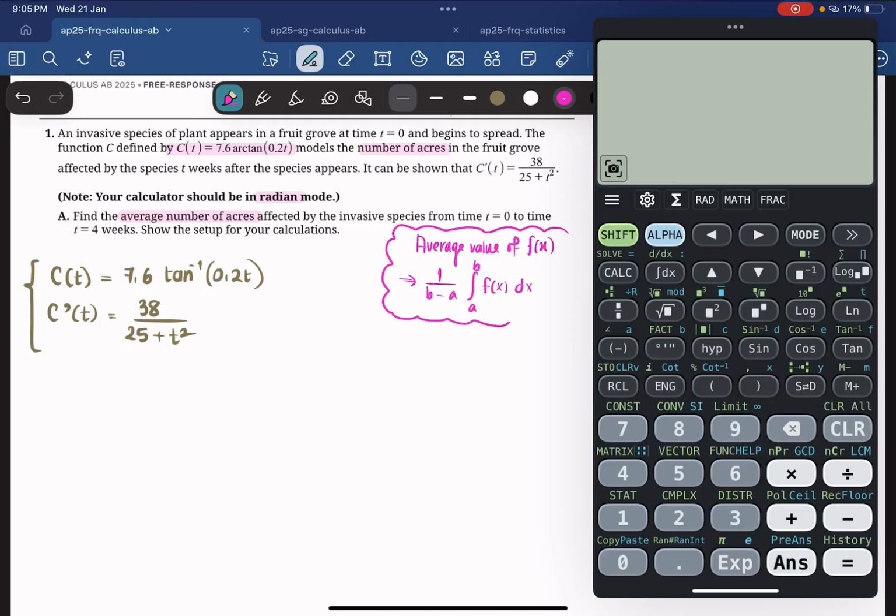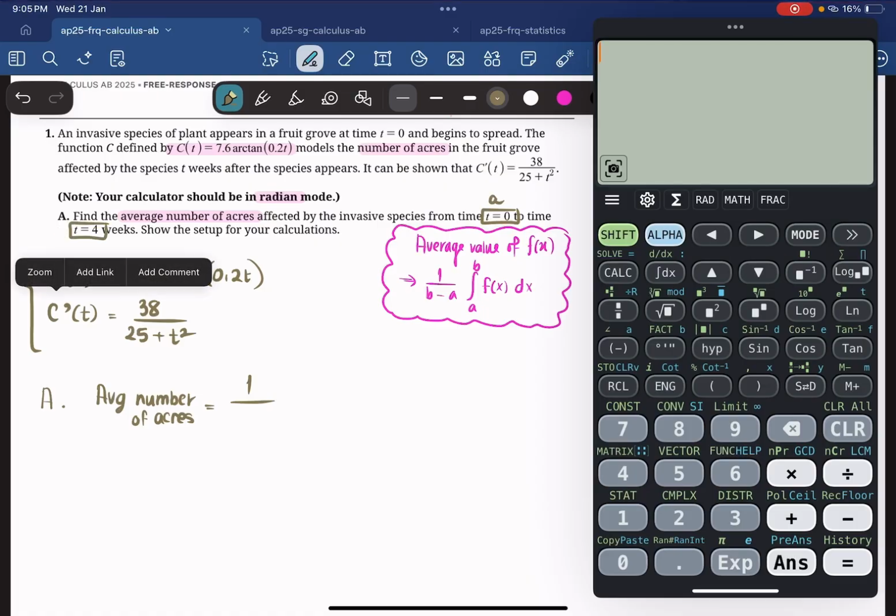So in part A, the average number of acres is equal to 1 over 4 minus 0, integral from 0 to 4 of C of t dt, where t equals 0 is your a and t equals 4 is your b.